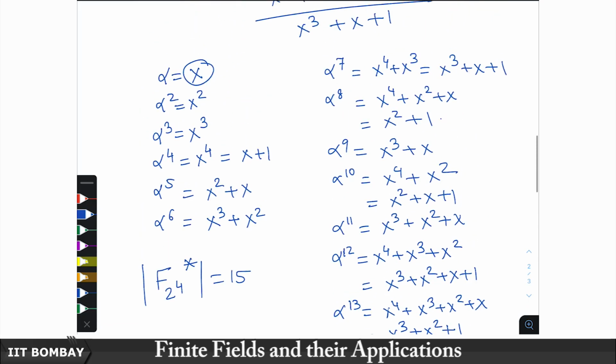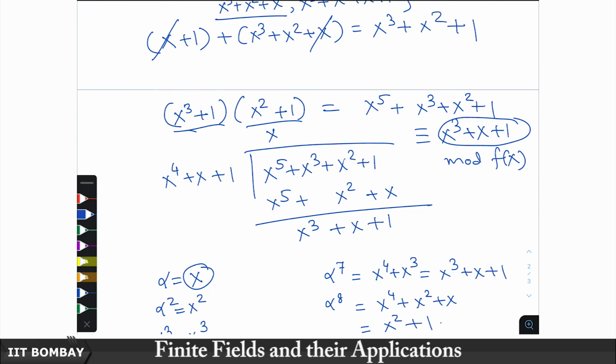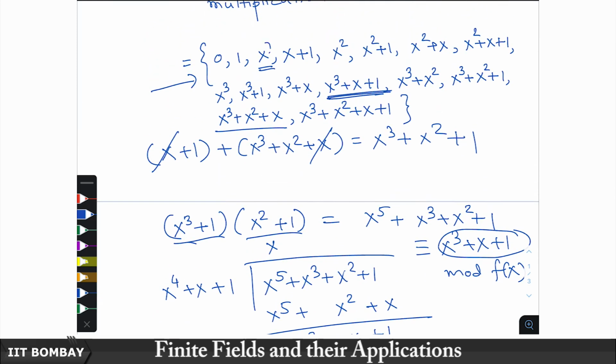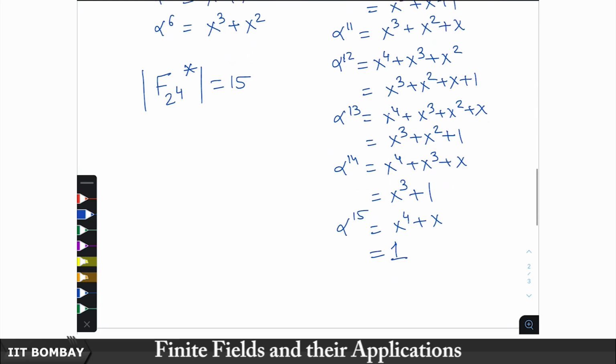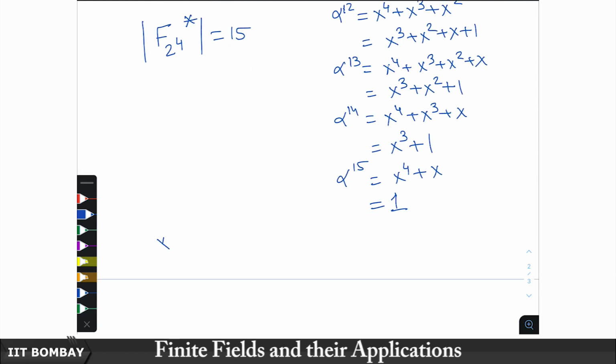Now, whenever this happens, that we construct a finite field using a polynomial x 4 plus x plus 1, and x is a primitive element in that construction, then we say that x 4 plus x plus 1 is a primitive polynomial. That is, it is an irreducible polynomial and x is a primitive element.